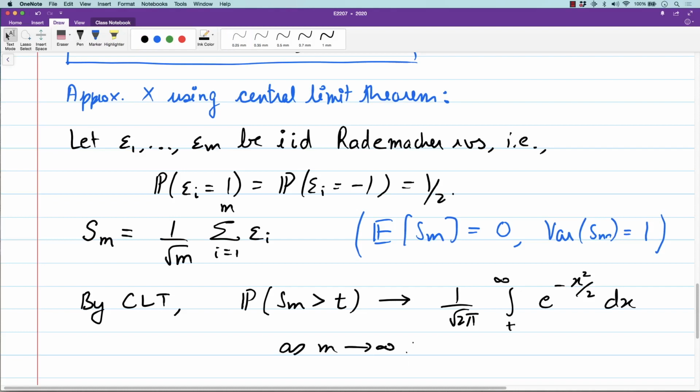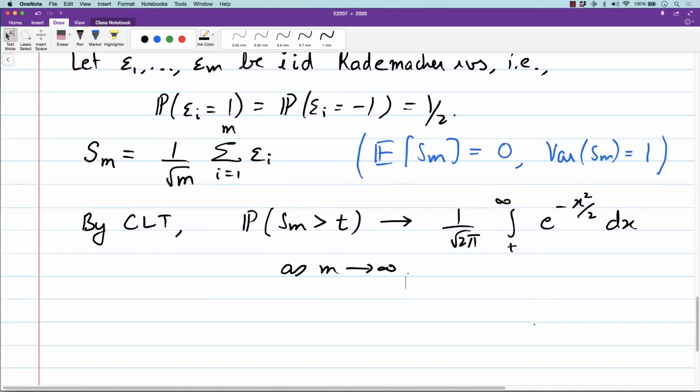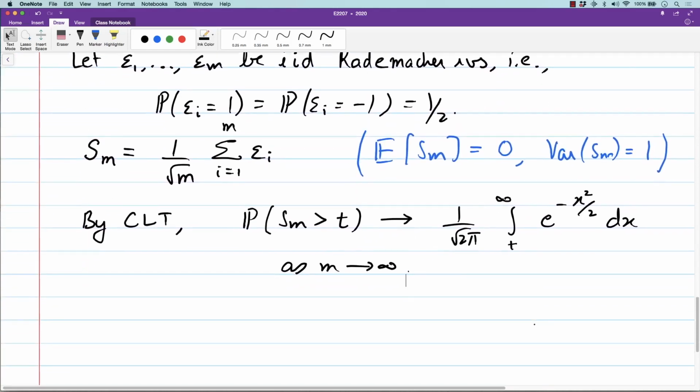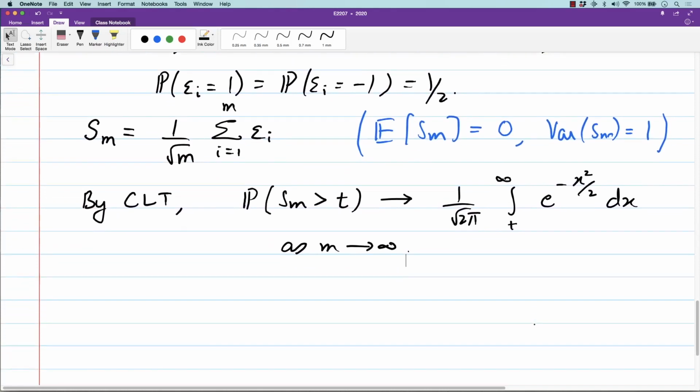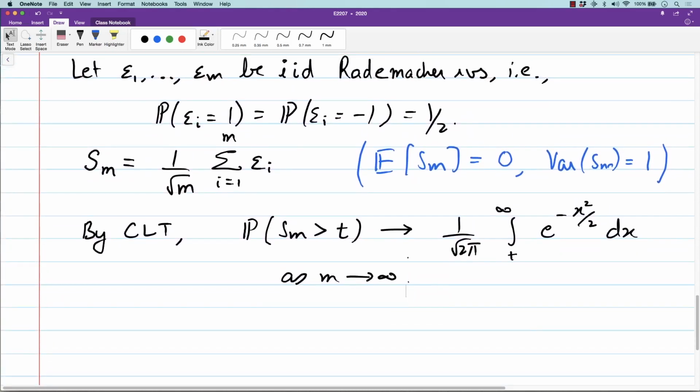This is exactly the statement of the central limit theorem. All the tails go to these Gaussian tails. Right. We will use the central limit theorem.